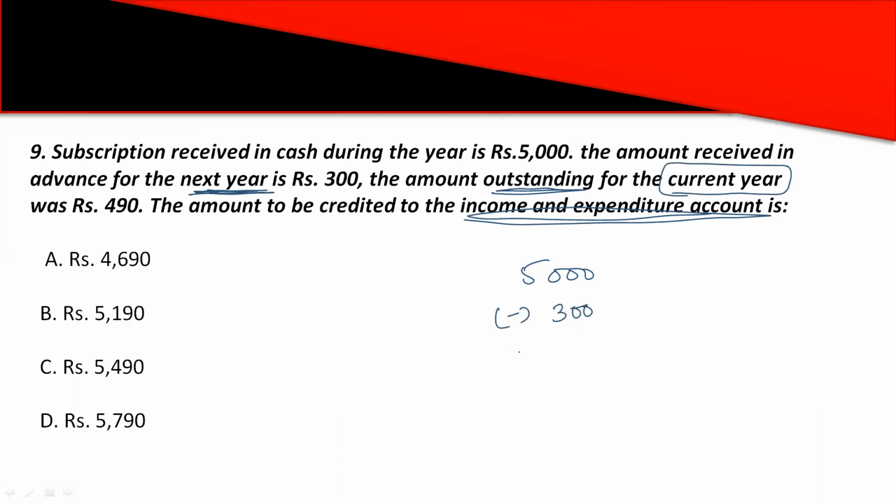So when it belongs to current year, we will add it, rupees 490. Now the final amount will be 5000 minus 300 plus 490, which is option B, 5190 rupees. This amount will be credited in the income and expenditure account.